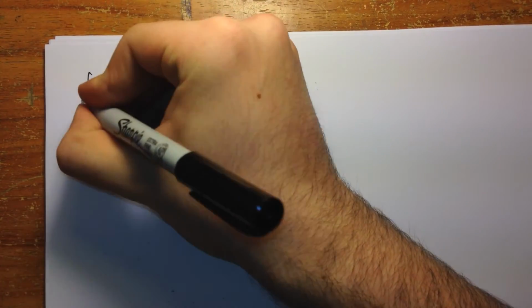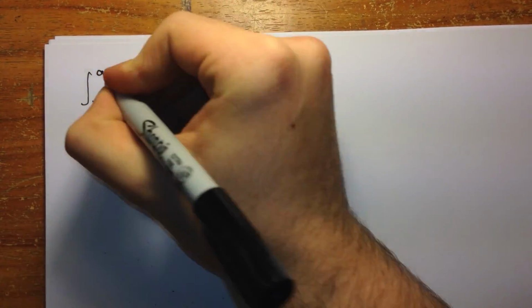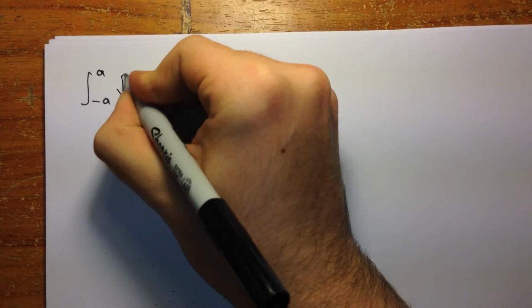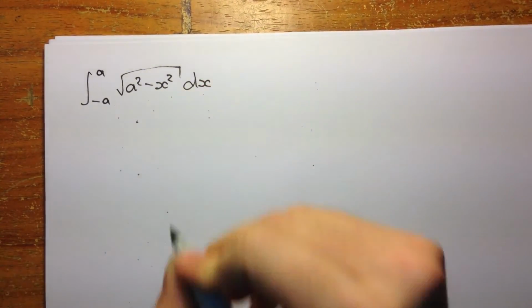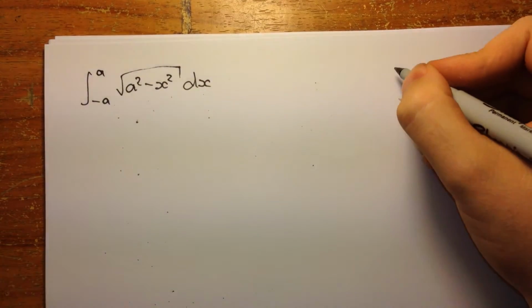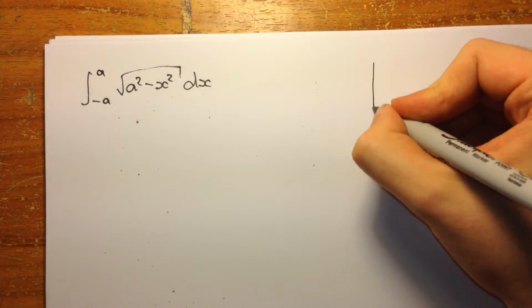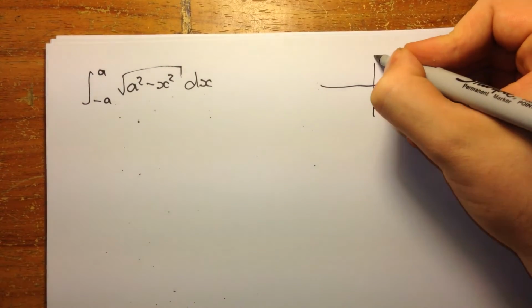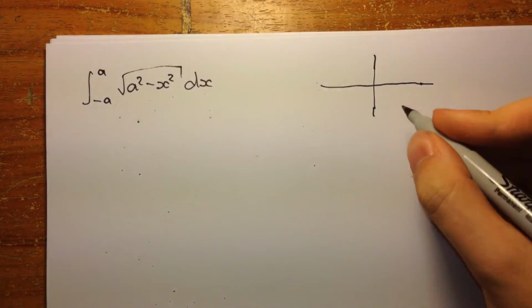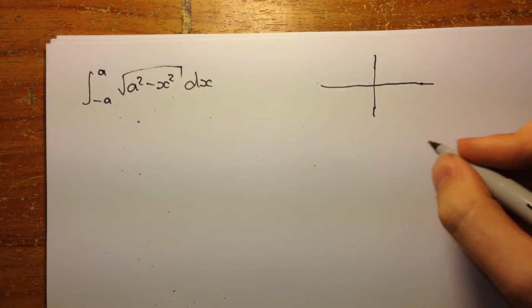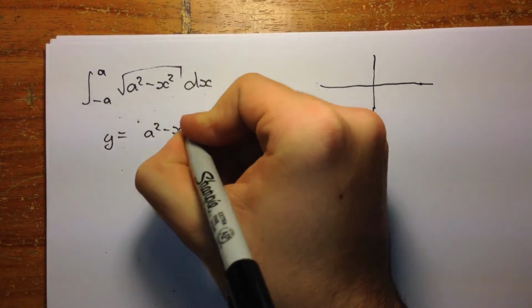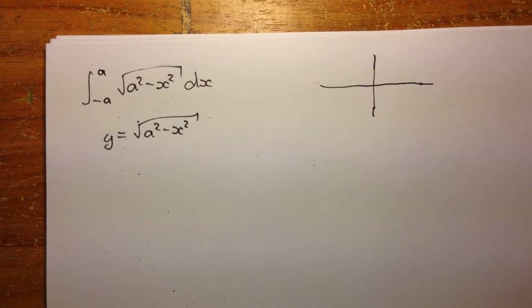So if you have this integral, I'll just rewrite it. This represents the area underneath a curve, because that is what an integral does. Now the curve here is y equals the square root of a squared minus x squared.